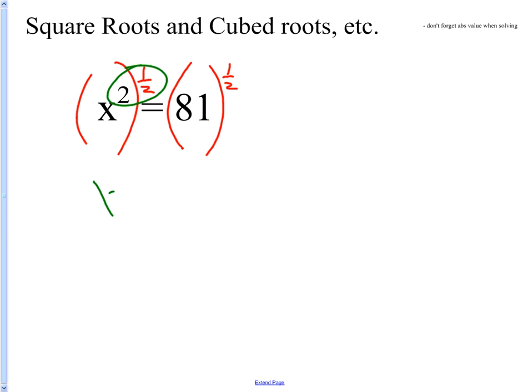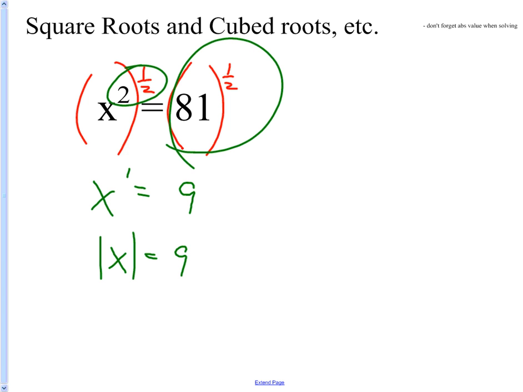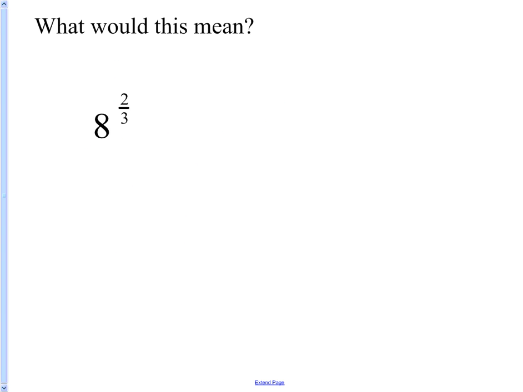And now I've got x to the 1 is equal to whatever that is. And that's the square root of 81, which is what? 9. And so x to the 1 is the same as x, isn't it? Equals 9. But it'd be really easy to forget that we did the square root here. And so that means it's really the absolute value of x is 9. So therefore x equals plus or minus 9.